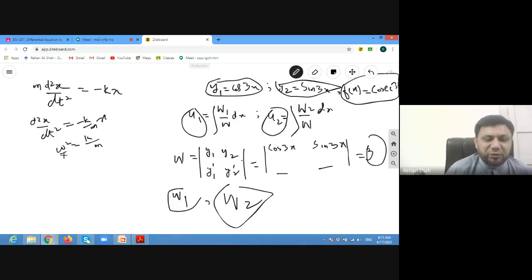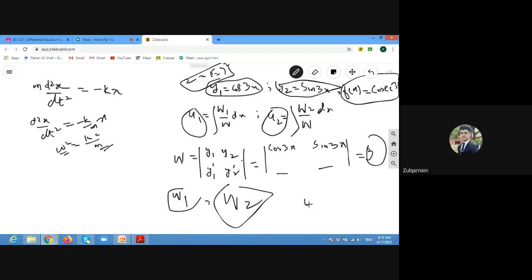Square means positive. m is positive, k is positive, so we can write this value in the form of a square. Do you understand why we are taking omega square? You can take any number, 2, in the form of a square, that is square root 2 into square. But if the number is positive, you can perform this calculation. This omega is the angular velocity.